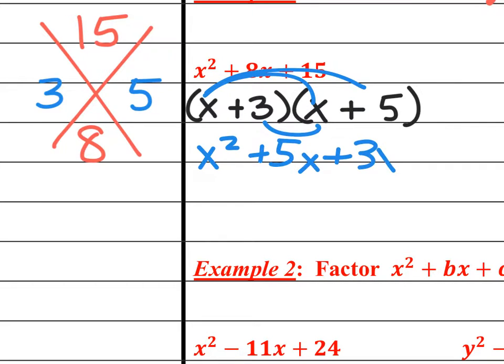Look at the board right now. Do you see where that adding to the b term comes from? Right there. They have to simplify and add together to get your original b term. And then 3 times 5, 15. There's the multiplying to c. We just saw it. So that simplifies to x squared plus 8x plus 15.